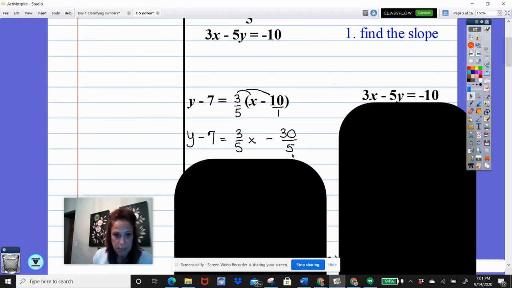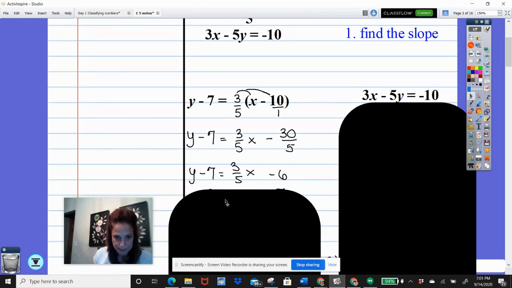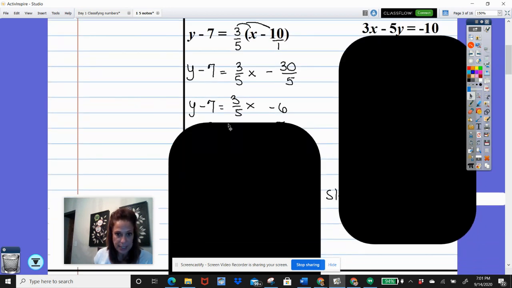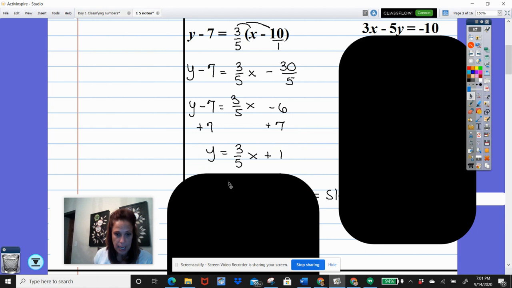And then I can simplify that. And I know nothing else changed. I just changed the 30 divided by 5 to -6 here. And then I'm going to add the 7 to the 2 sides, and a -6 and a +7 equals 1. So my equation for the first line is y equals 3/5 x plus 1.